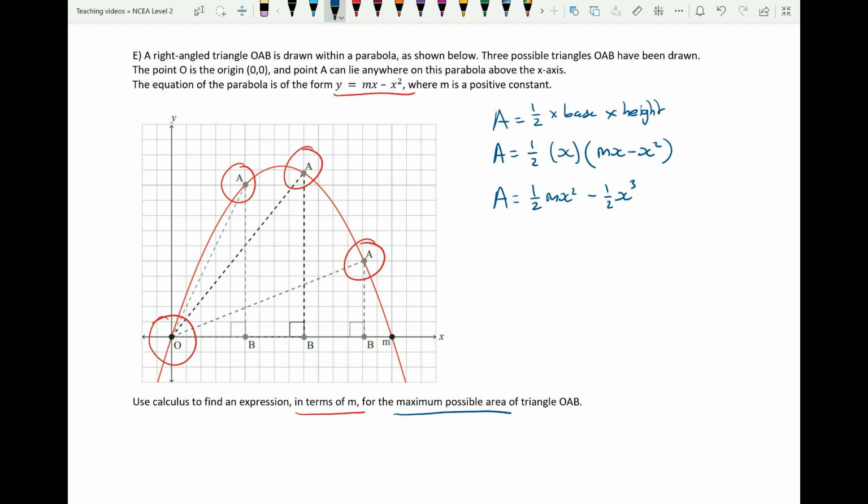So we're trying to make it as big as possible, i.e. the gradient is 0. So that means we need to differentiate. So we go A dash equals mx minus 3 over 2 x squared. So again, maximization happens when the gradient is 0 and therefore the derivative is 0.